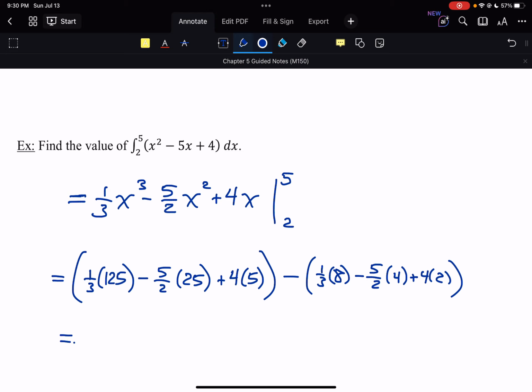A little bit of arithmetic goes into this, the combining of the fractions, and we end up getting -3/2.